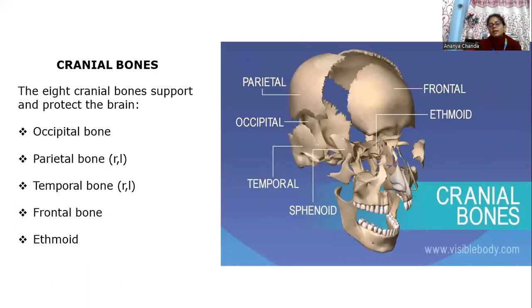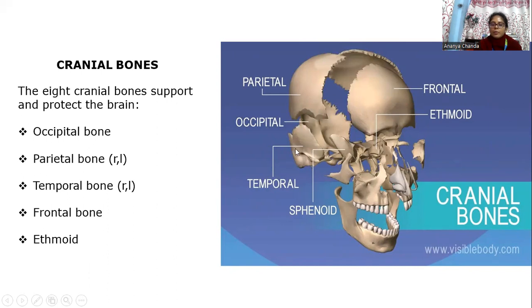Then comes the cranial bones. So there are 8 cranial bones which protect the brain. First is the frontal bone. Then comes the parietal bone. So there are two parts of parietal bones. Then comes the occipital bone present backside.